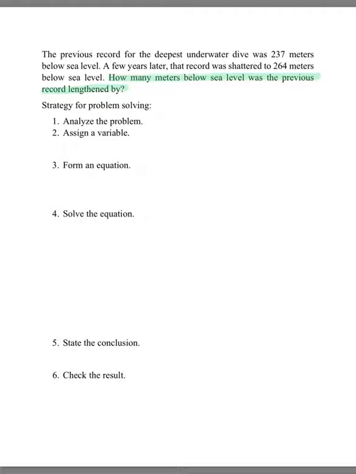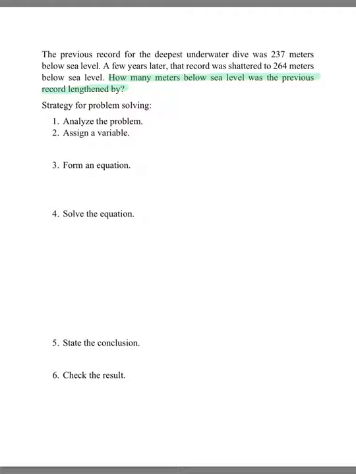So let us go ahead and jump to step 2 and assign a variable. Now we want our variable representation to reflect the question being asked. In this case, the question says, how many meters below sea level was the previous record lengthened by?